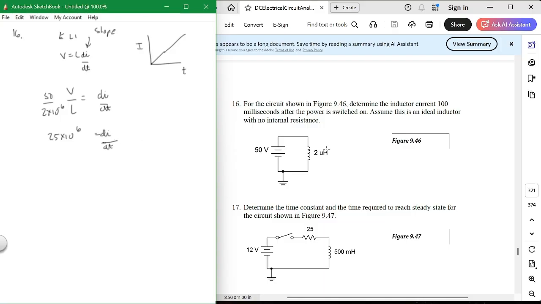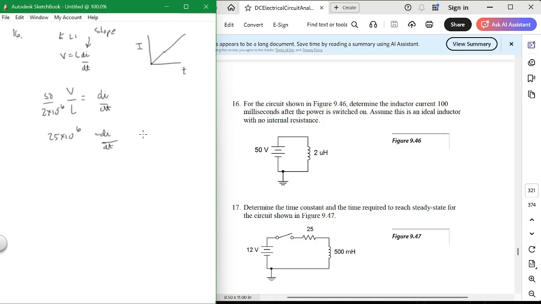Does everybody see how when these get small, time goes quick? If you get a big inductor, you go slower in time. If you get a small inductor, it's faster. Again, no internal resistance, and that's a big step, but that's what they basically want you to buy into. Now we solve this.